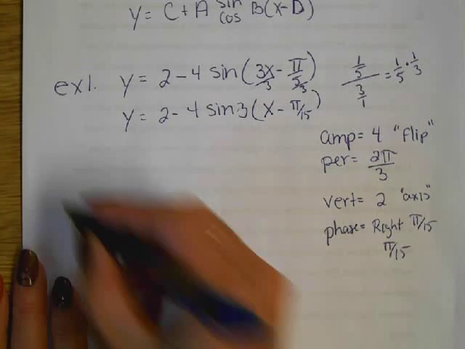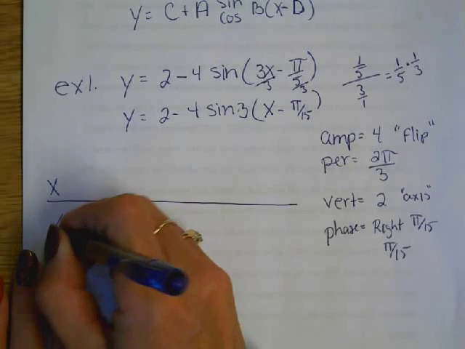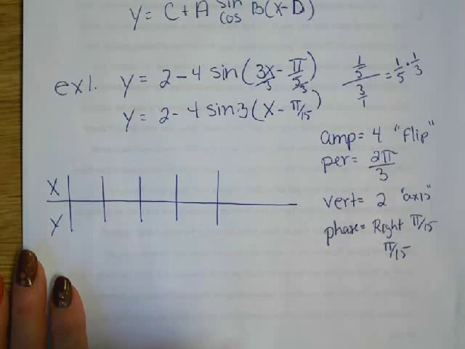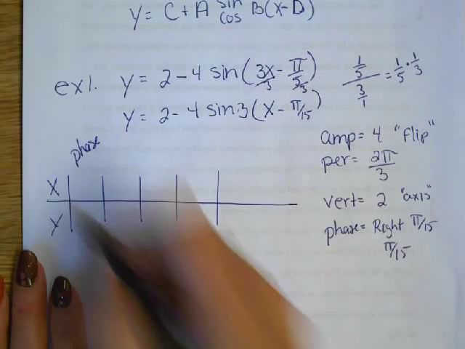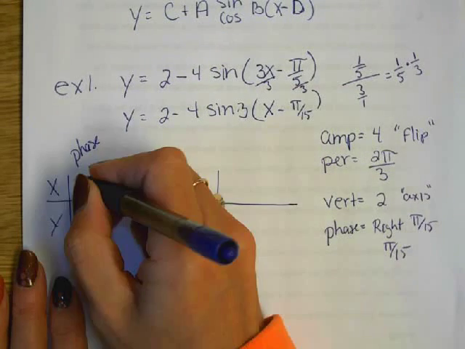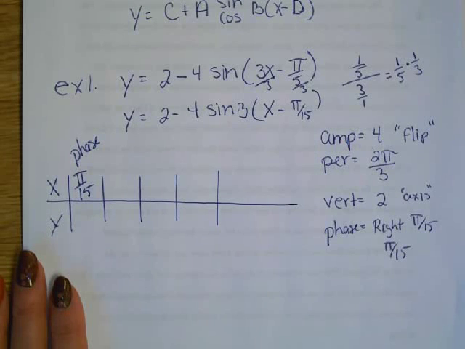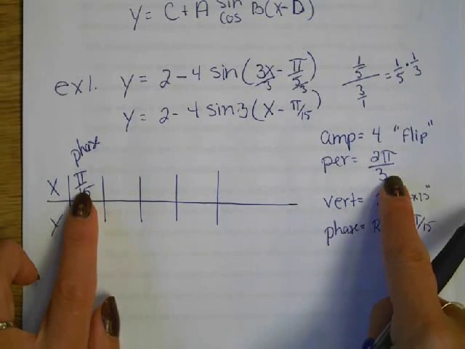And now we start. So the x's are the same thing as yesterday. We always start at the phase. So we're starting at a positive pi over 15. To find the ending value, you've got to add a period length on to where you're starting.